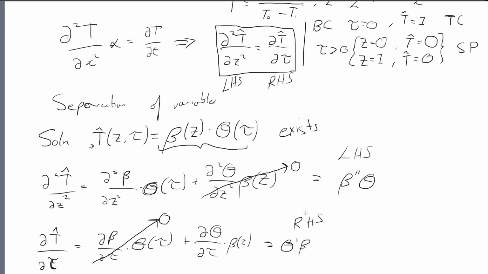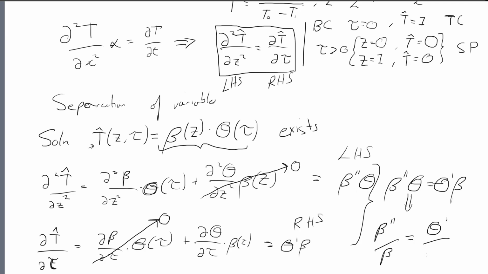And because we know the left hand side equals the right hand side, we can group these and say beta prime prime theta equals theta prime beta. Now I'm just going to collect betas on one side and thetas on the other side. So this will show that beta prime prime over beta is equal to theta prime over theta.